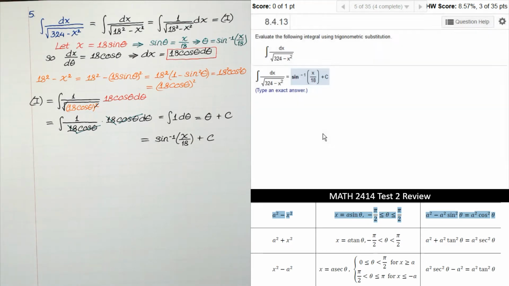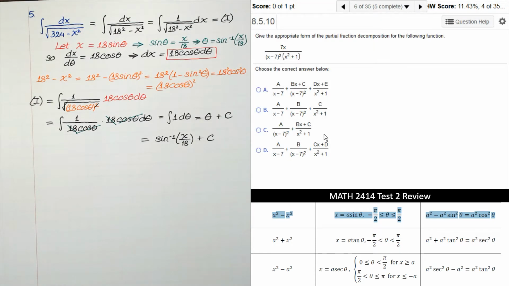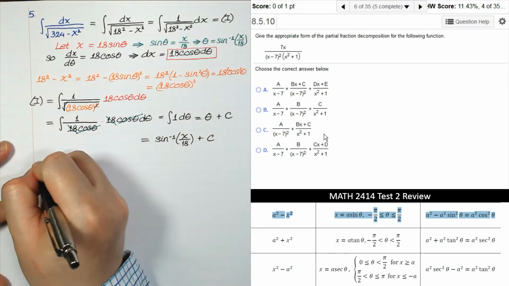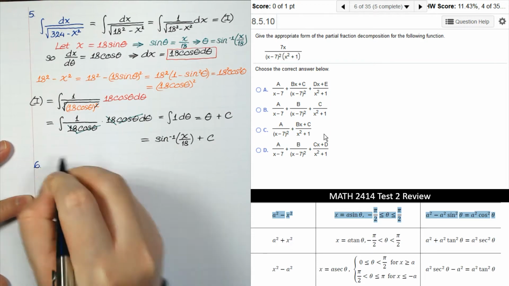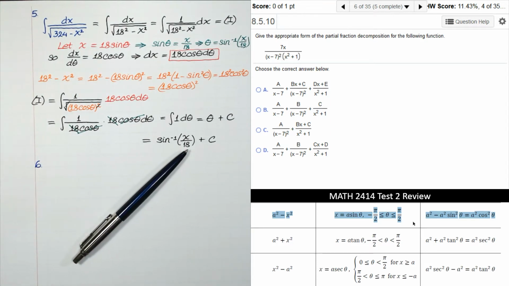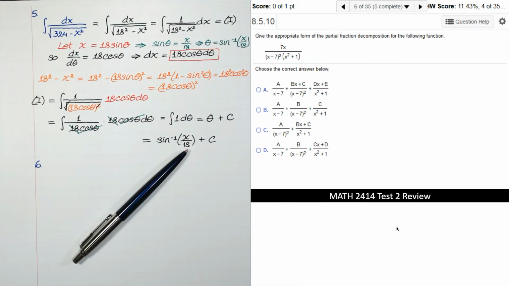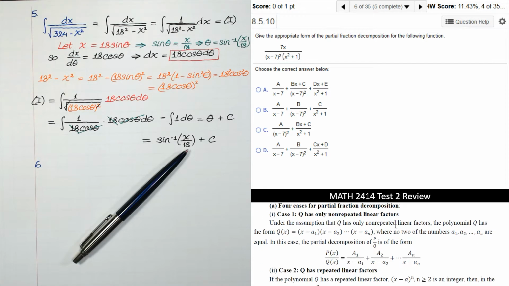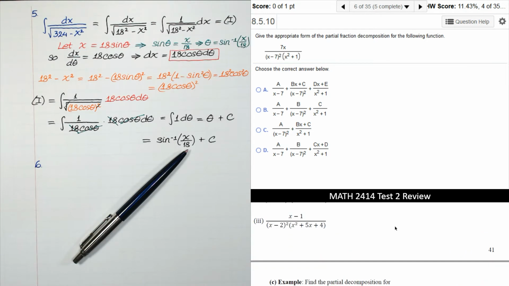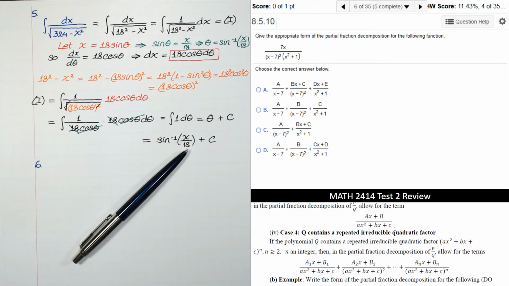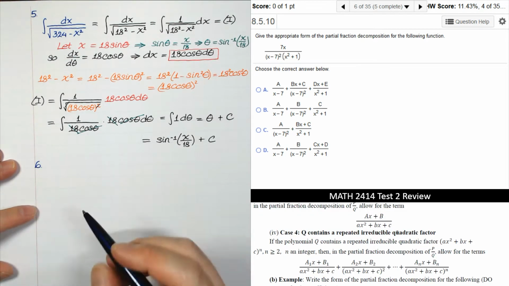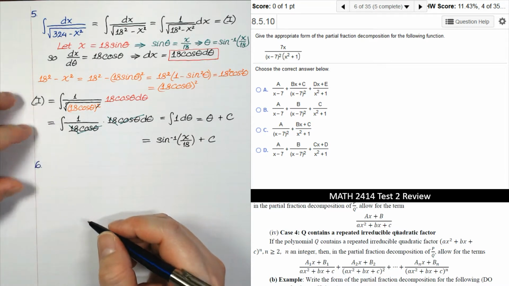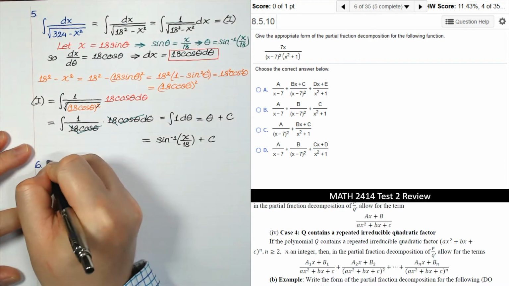Next question. Now we're on to section 8.5, partial fractions. We have a bunch of scenarios, but in this problem we just need to write out the form of the partial fraction.